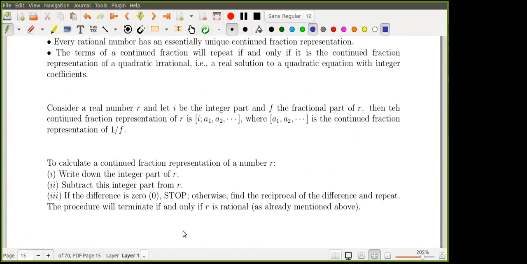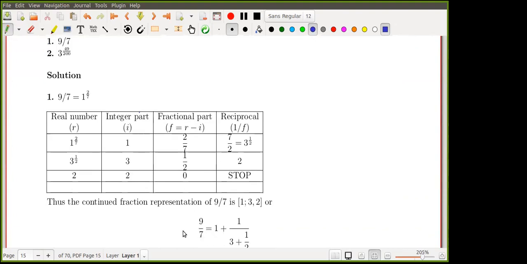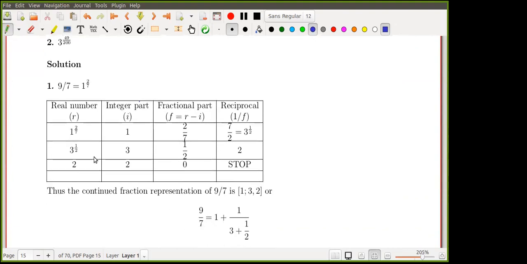And all the entries in the integer part, all the terms in the column representing the integer part, constitute our sequence. So this will be A0, A1, A2. Right.